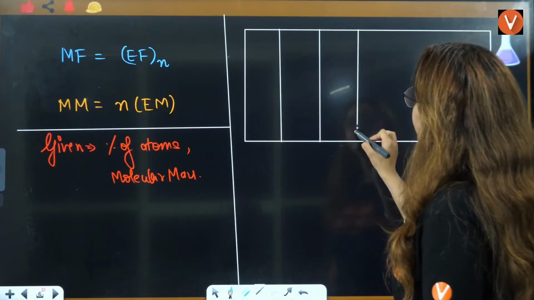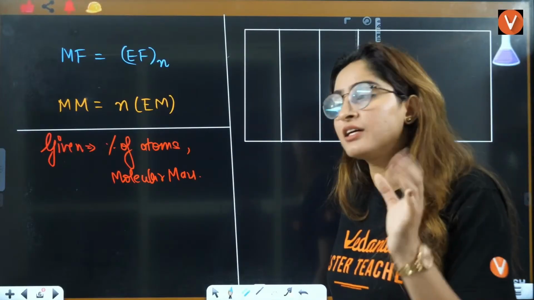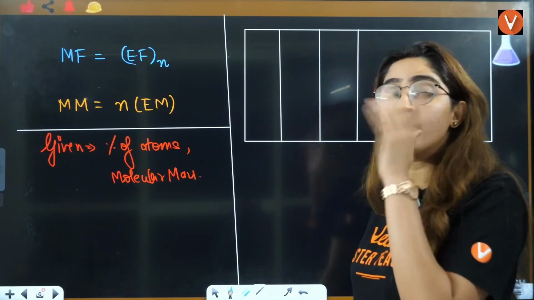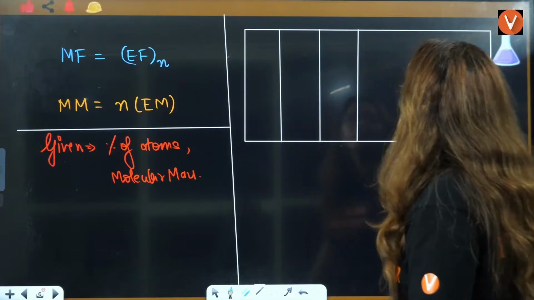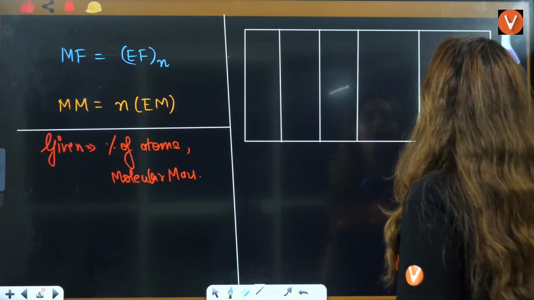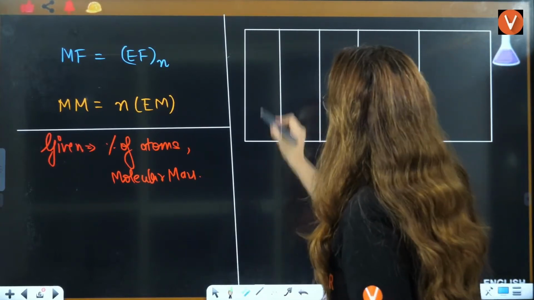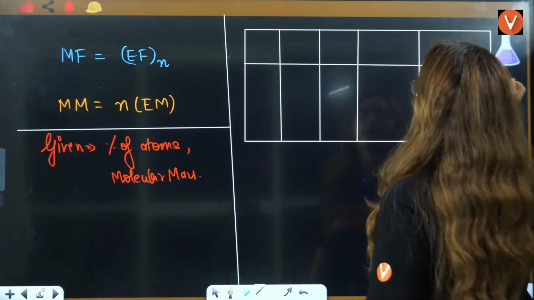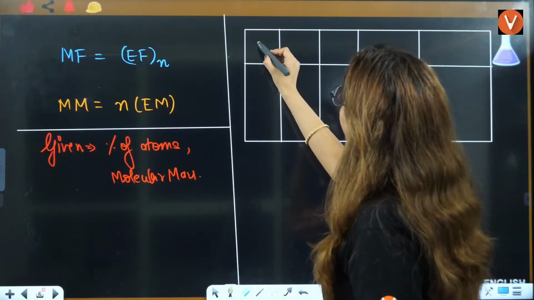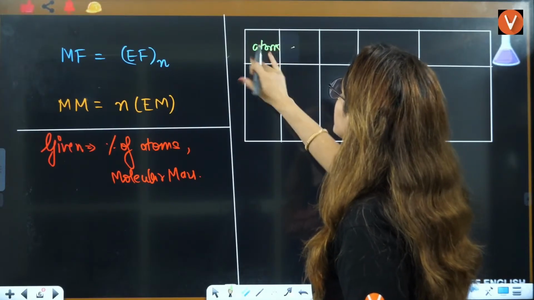In the third section, you will write the molar mass of 1 mole of the atom. Then you will calculate moles and their simple whole number ratio.